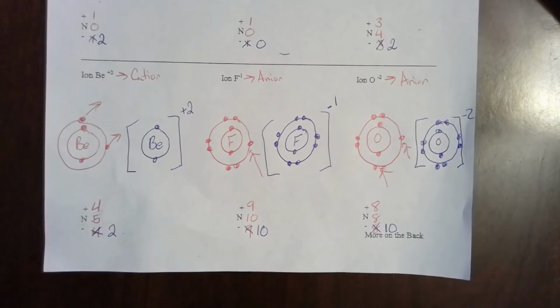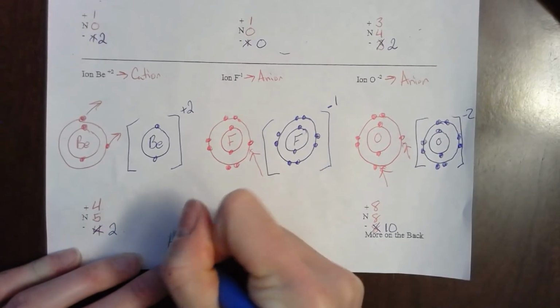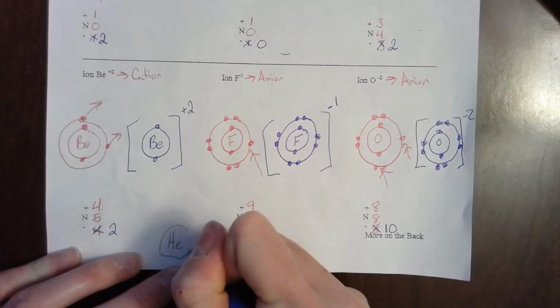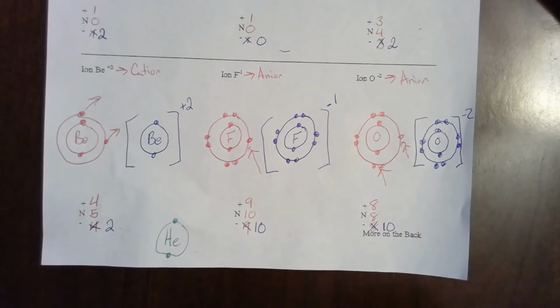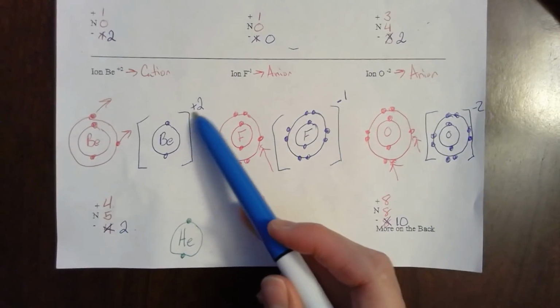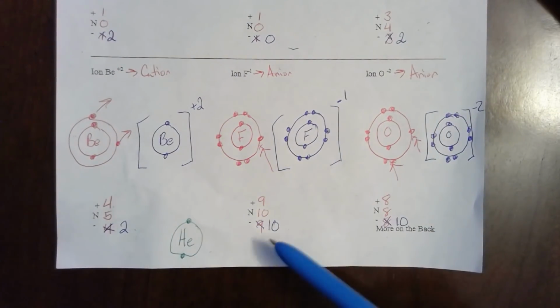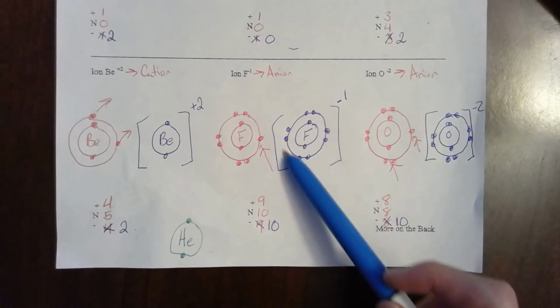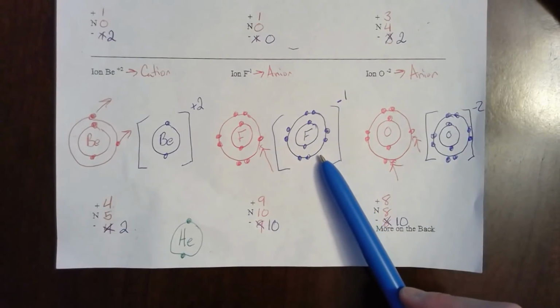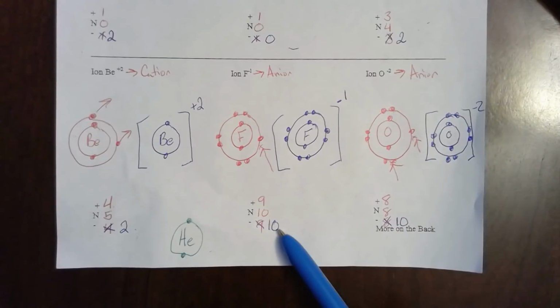Just as a reminder, helium has 2 protons, 2 neutrons. It's filled. So it looks like a helium atom, except this beryllium lost electrons so it's got a charge. Same with my fluorine here. It's gained an electron and has a filled shell. It looks like neon, and neon has 10 electrons. So it's a good way to double check yourself.